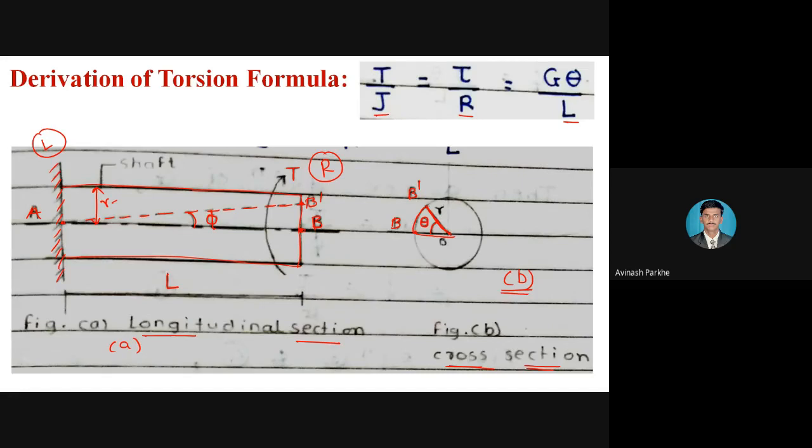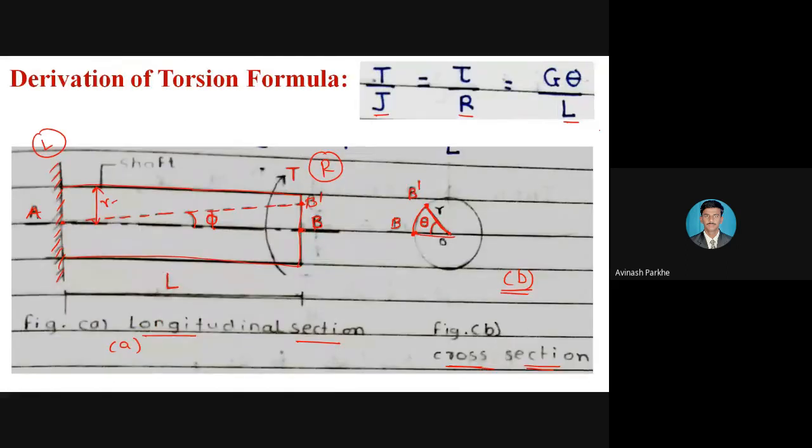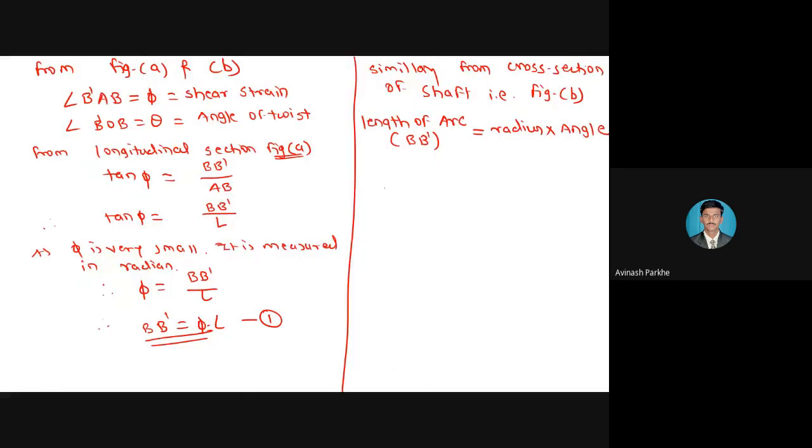Okay, not possible. So the length of arc from figure B, this B dash is called an arc, and if I have to calculate its length, the length of arc is equal to radius into angle. That is the basic formula.